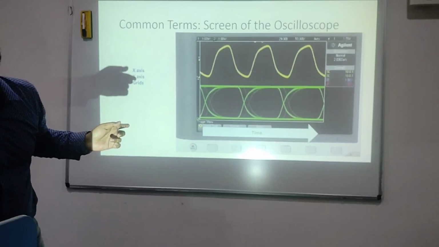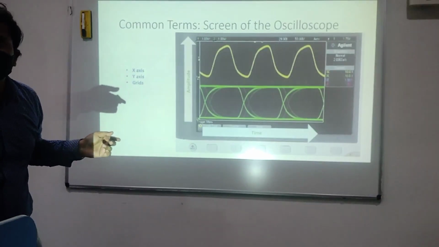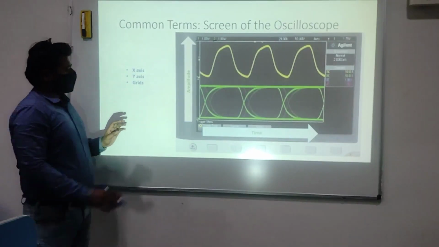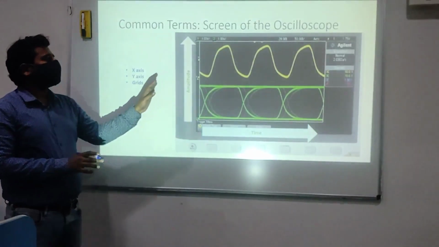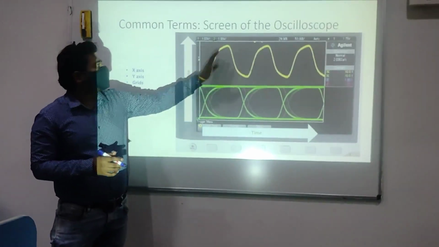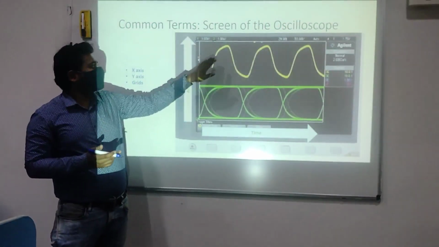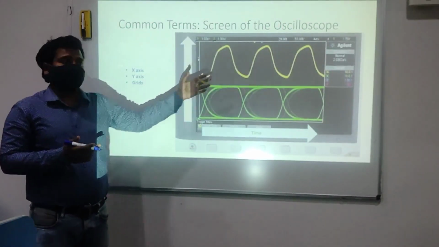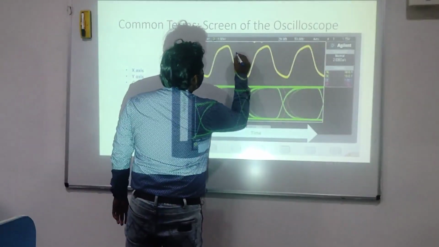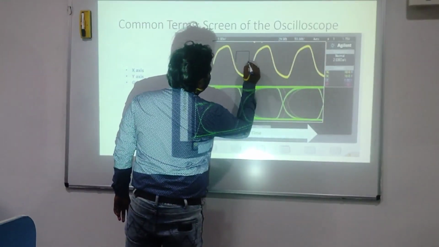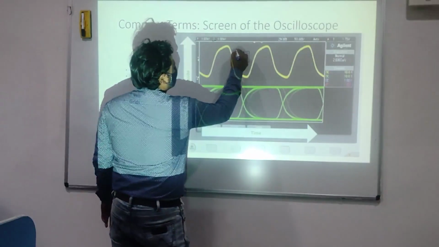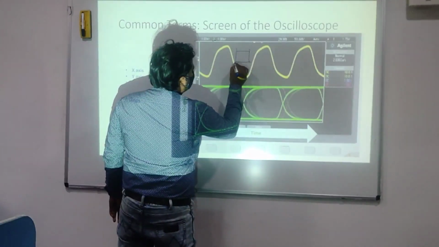So the x-axis is time and the y-axis is amplitude. How should I measure this signal? We discussed the amplitude and the frequency. Here you can see in your oscilloscope screen, this is further divided like this.